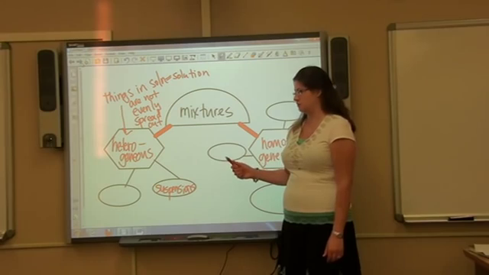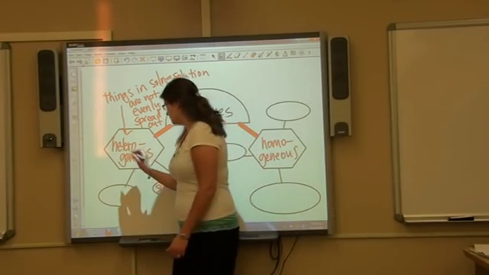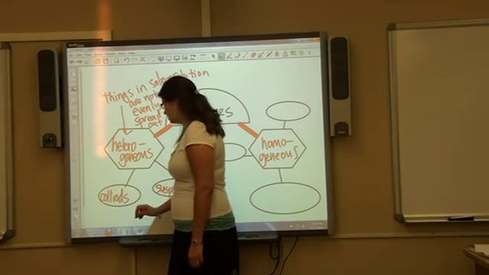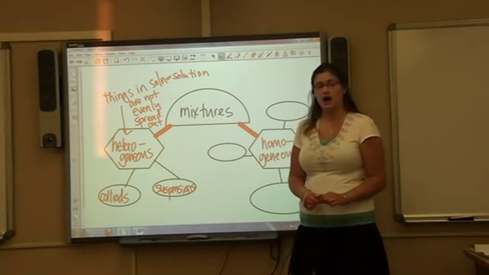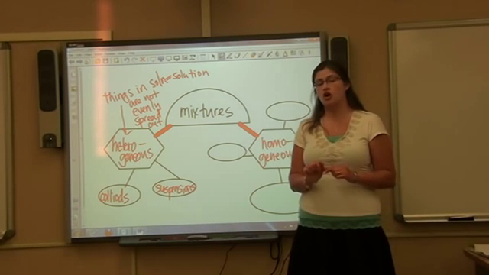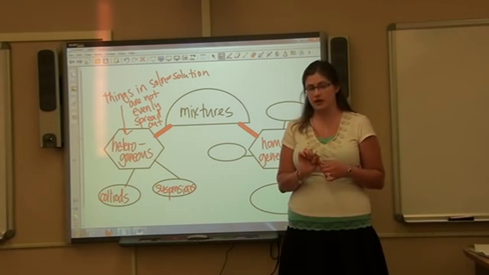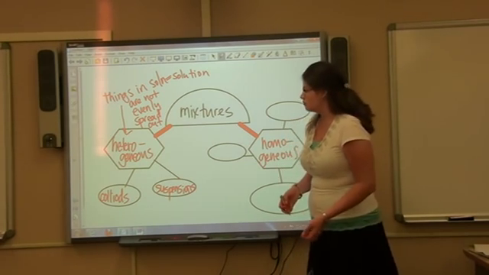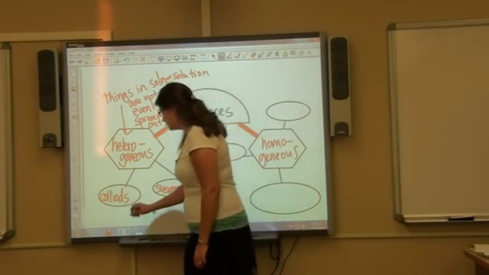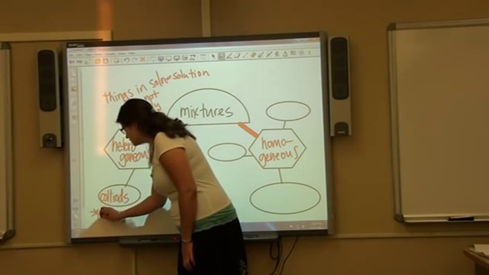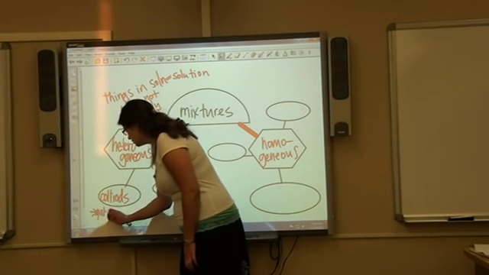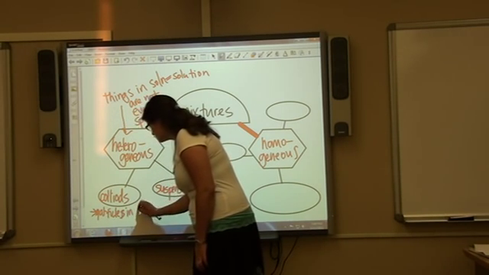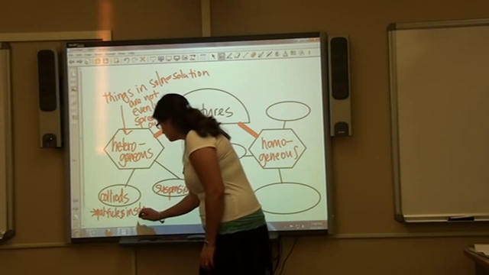That's a suspension. The other type of heterogeneous mixture that I want to call to your attention is something called a colloid. Colloids are also suspensions because they're not evenly distributed, but colloids are special because the particles in the solution reflect light.